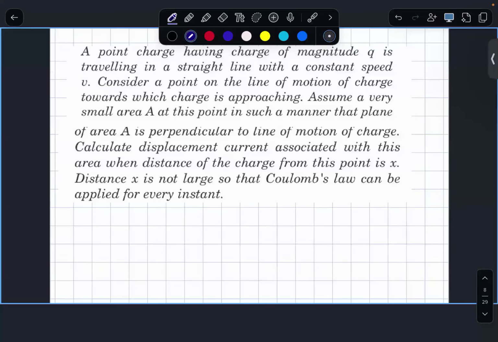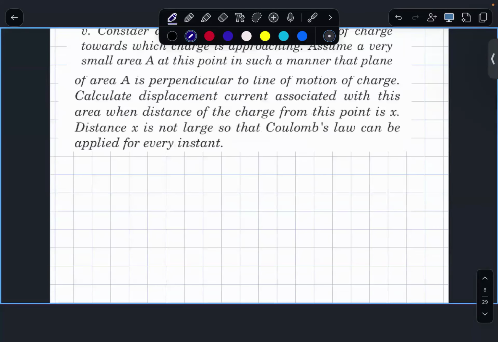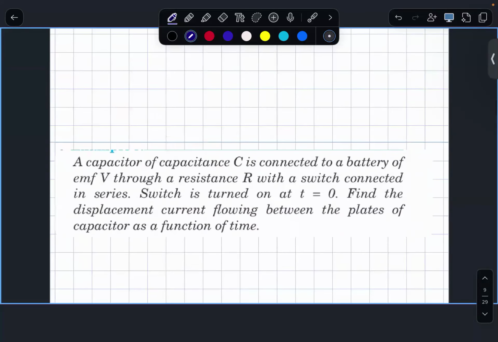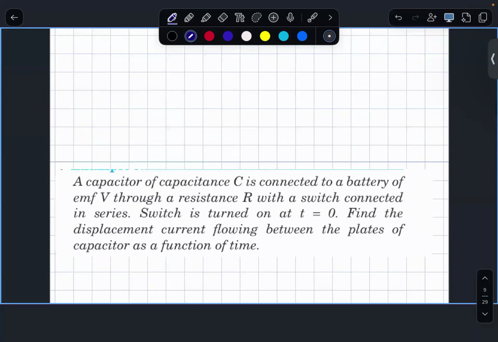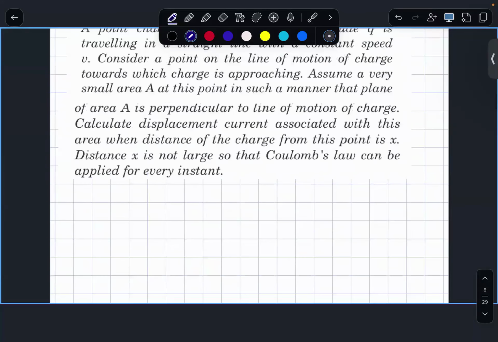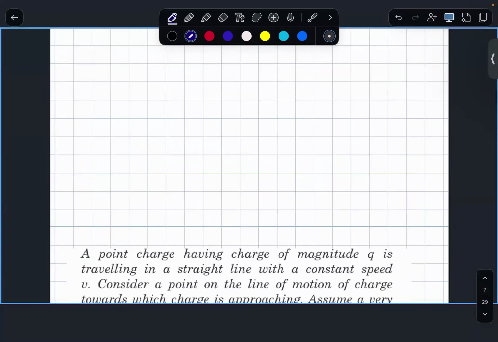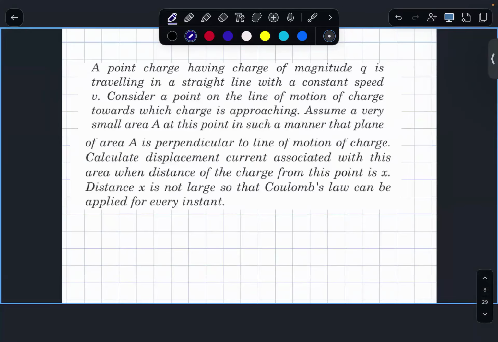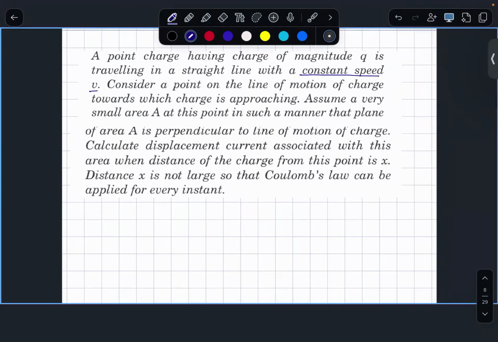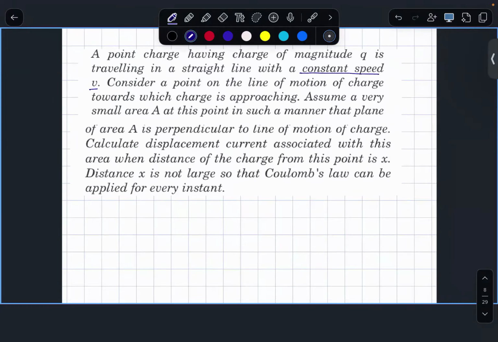Work on this, point charge having charge of magnitude q is traveling in a straight line with a constant speed v. Consider a point on the line of motion of charge towards which charge is approaching.